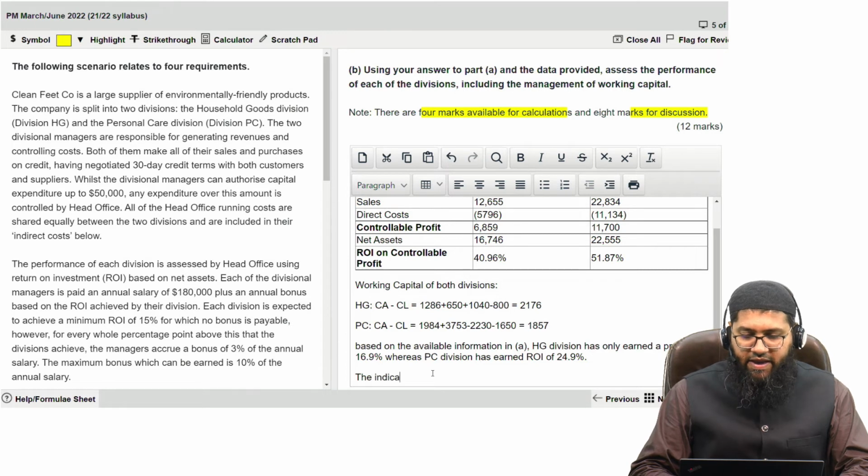This indicates that the PC division has performed better than the HG division.